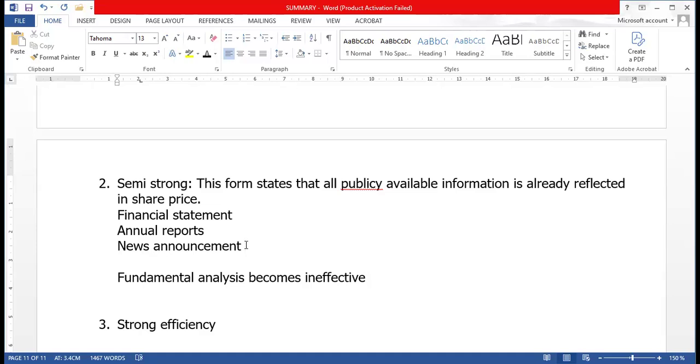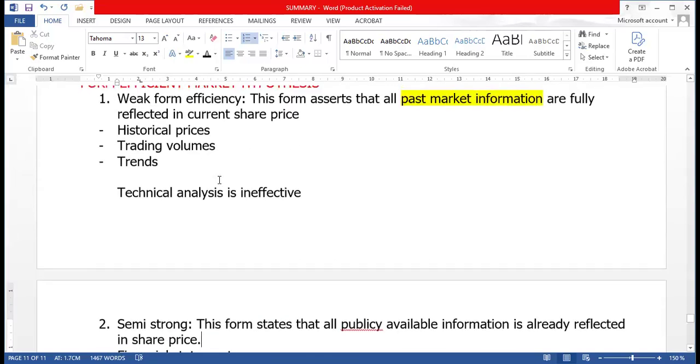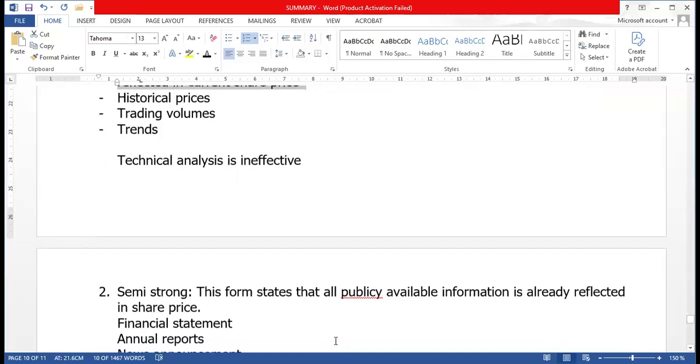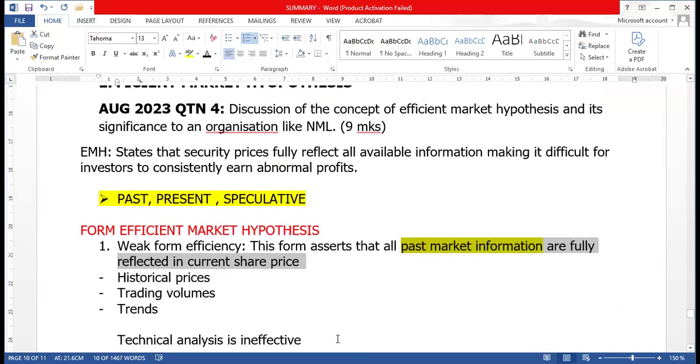semi-strong. So when I say semi-strong, it means that the past market information is also reflected. You have the past market information and also any other published information. So you don't need to say that semi-strong doesn't include the past market information.